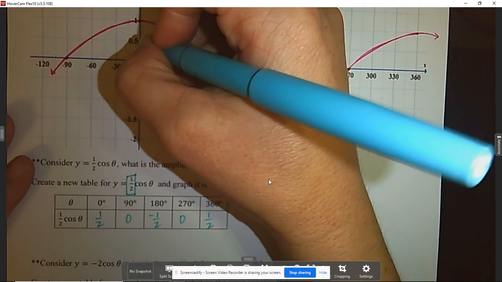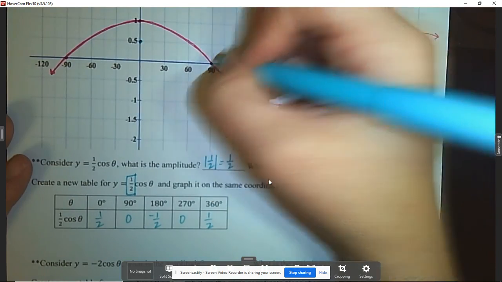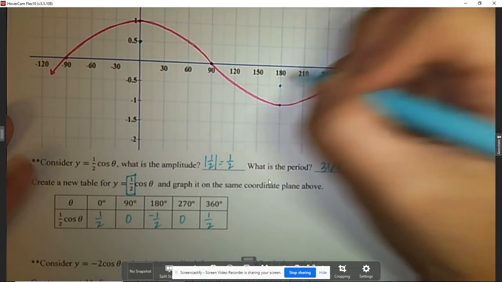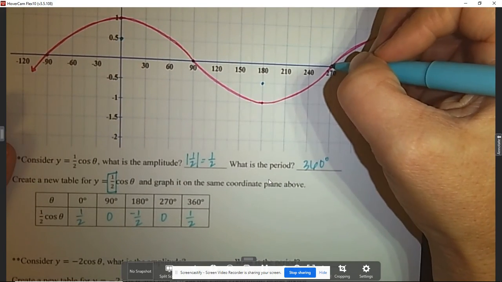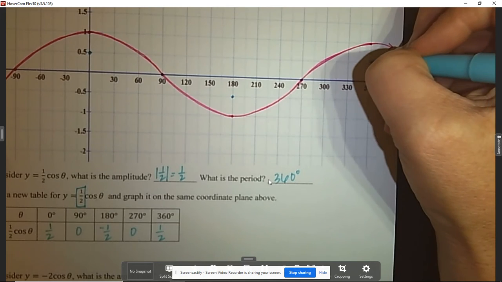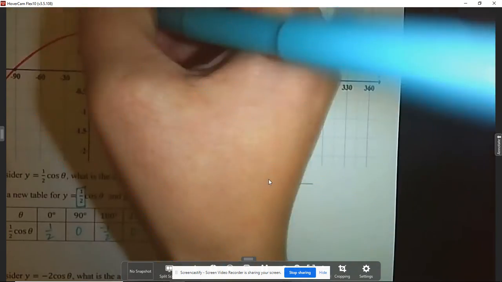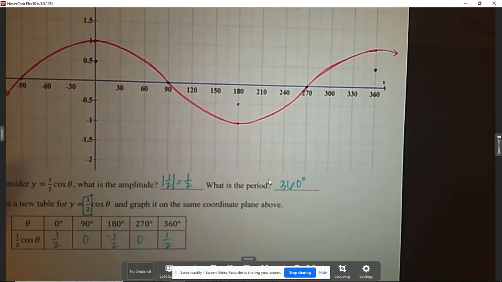And as suspected, my graph is much shorter, I guess you would say. So allow me to turn my paper.